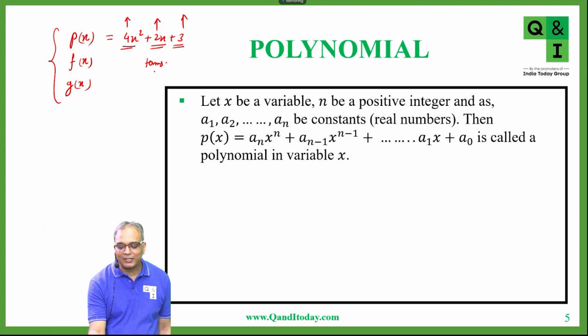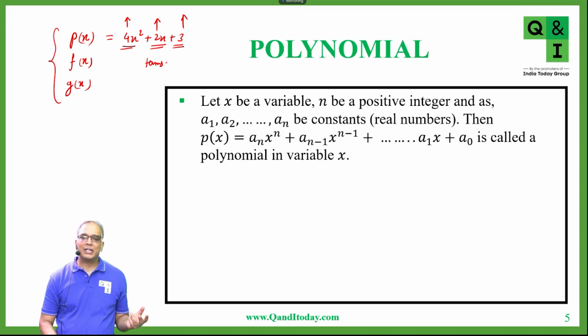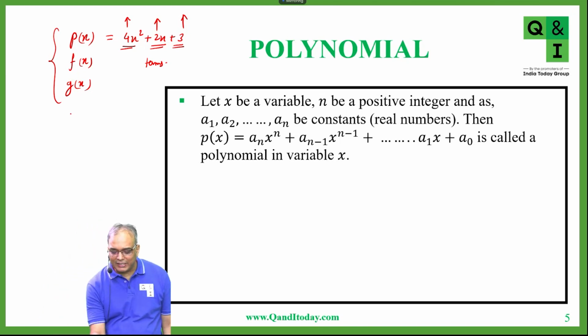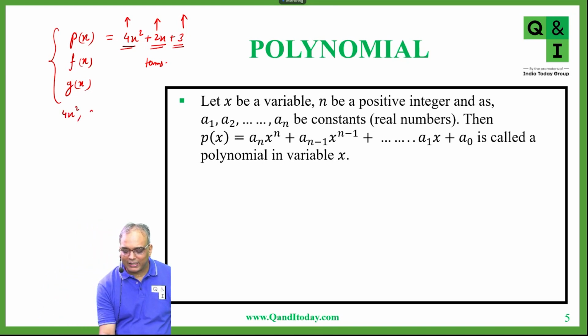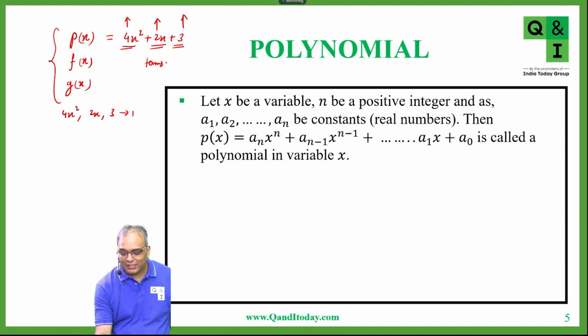These are called terms of a polynomial. If there is one term, it will be a monomial. If there are two terms, we call it a binomial. If there are three terms, it is called a trinomial. So each of these, 4x squared, 2x and 3, are called the terms of a polynomial, right?